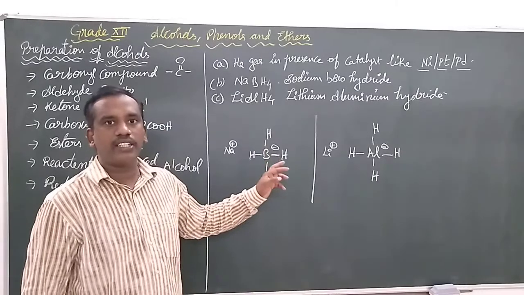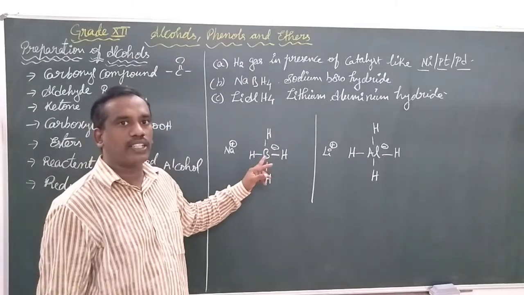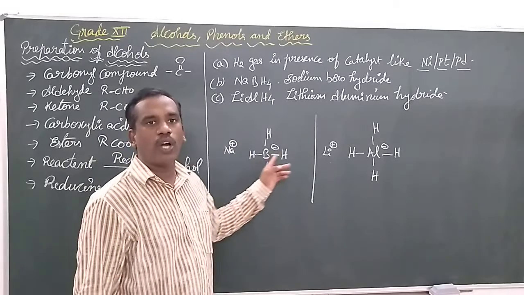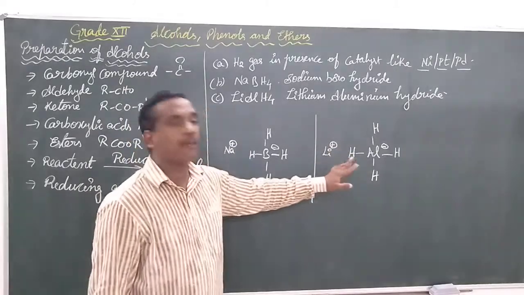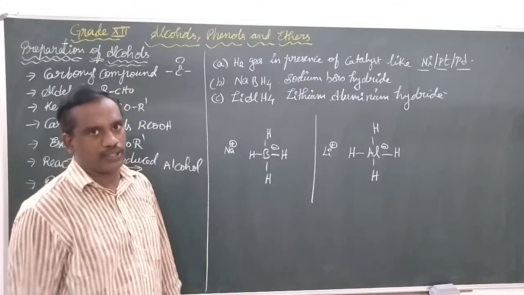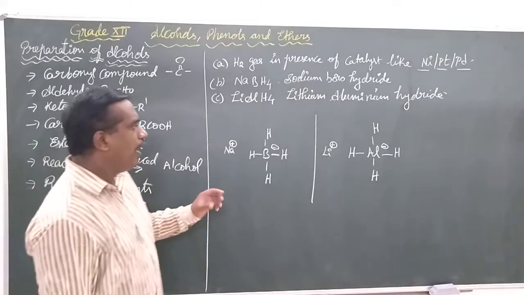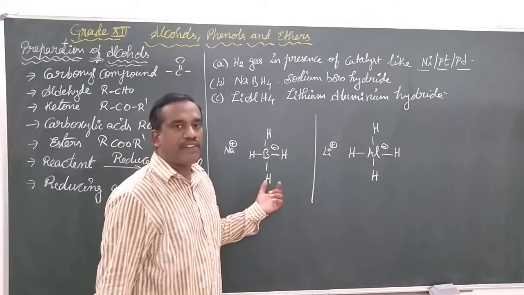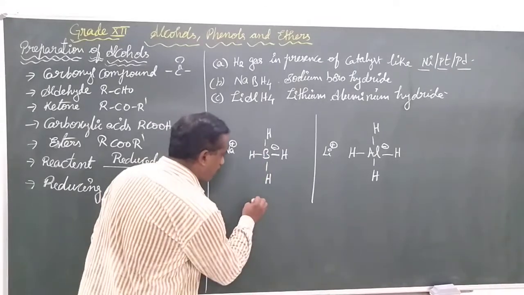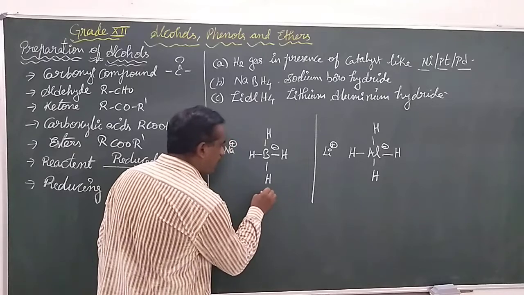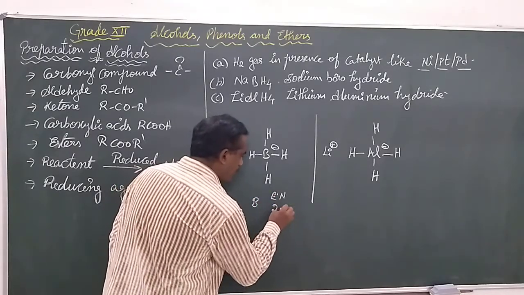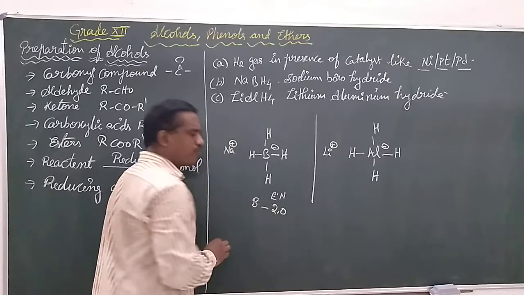Now let us see which is the best reducing agent among these two. Is it sodium borohydride or lithium aluminum hydride? Why is it given the word best reducing agent? We will discuss. Let us study the electronegativities of the elements here. The central element is boron. Its electronegativity is only 2.0.